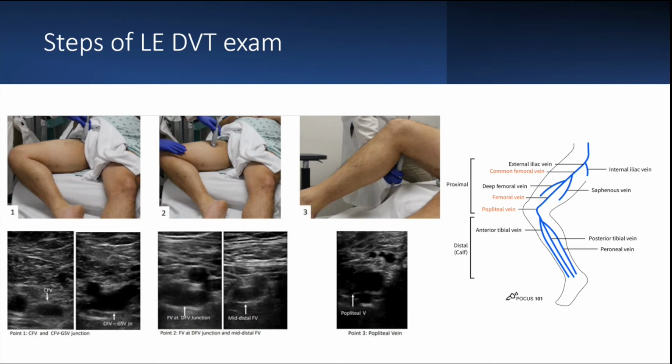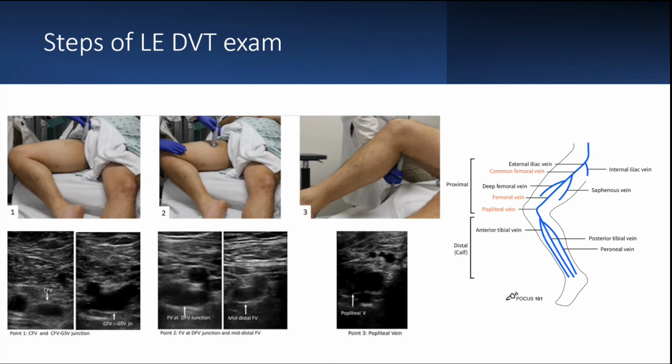Then we move the probe down to the posterior crease of the knee and scan 2 centimeters above and below to find the popliteal vein. After we find the popliteal vein, we do the compression again to check if there's a clot.